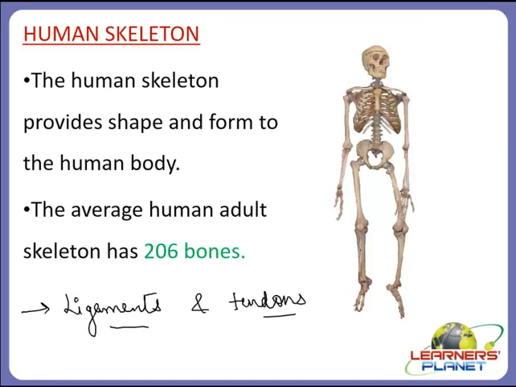So remember that when babies are born they have approximately 270 to 300 soft bones, and when they reach the age of 20 or 25 these soft bones fuse together and become hard and permanent, and so the number reduces from approximately 300 soft bones to 206 bones.